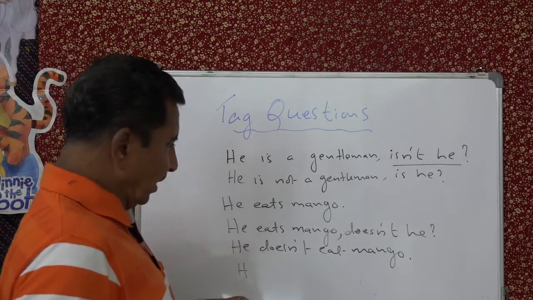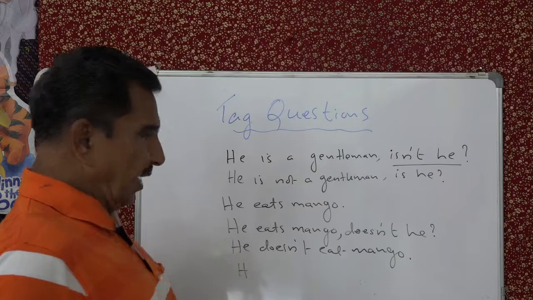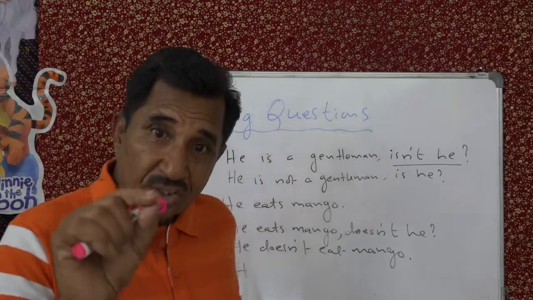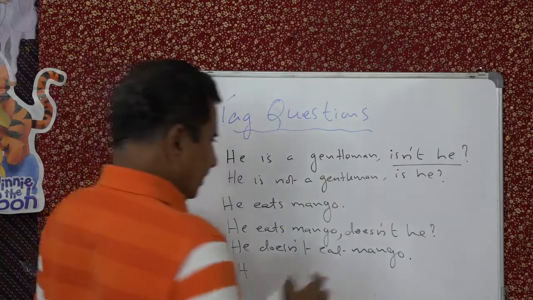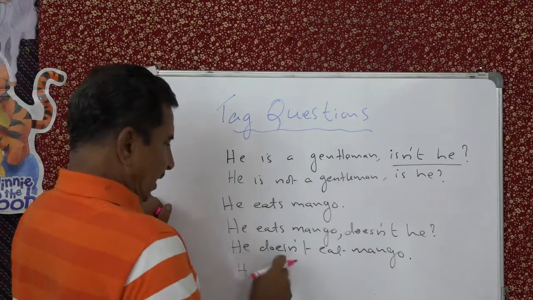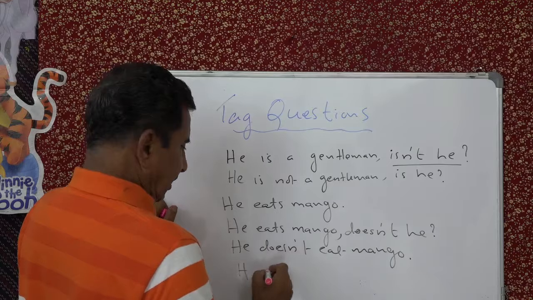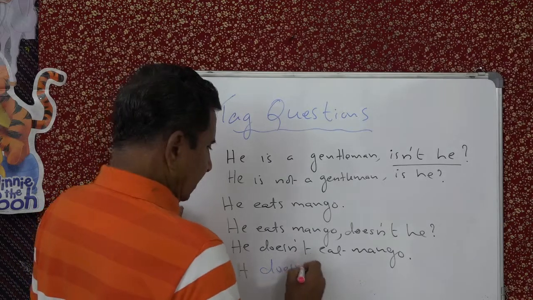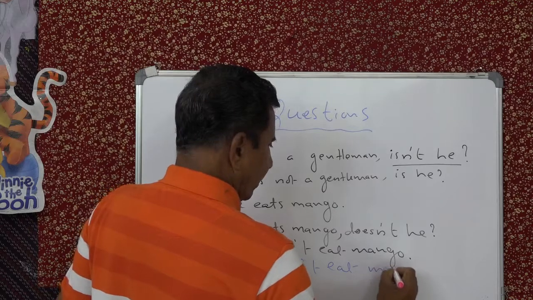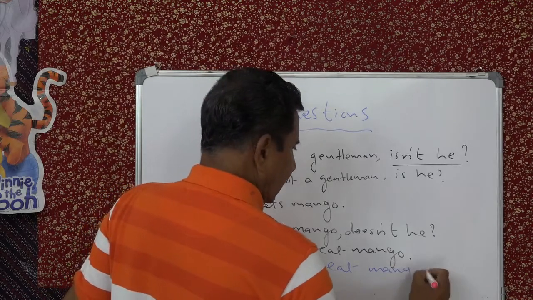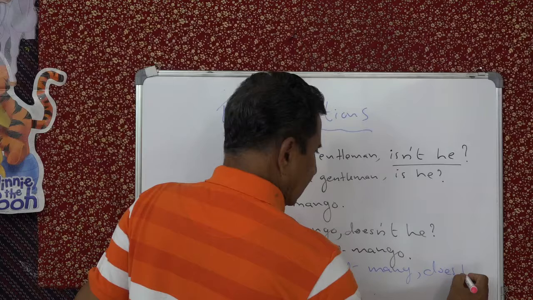Then at the end of it, put a comma and start with small letters, not capital letters. For example, he doesn't eat mango, comma, does he?